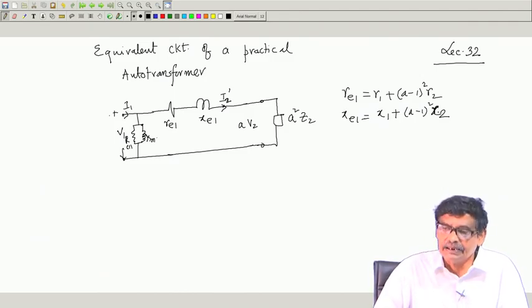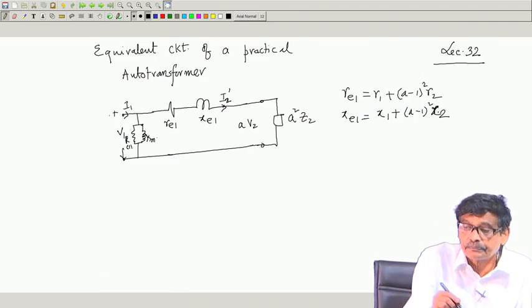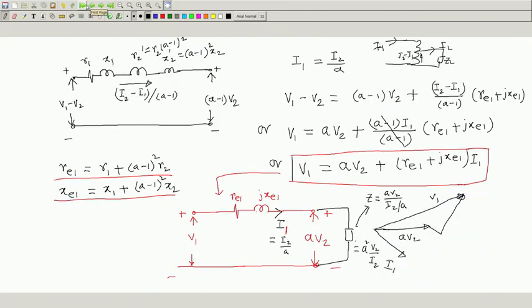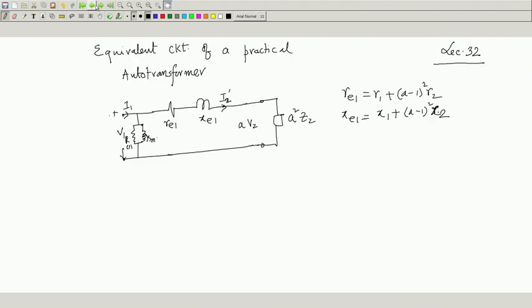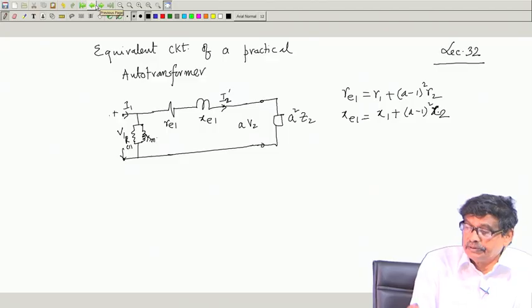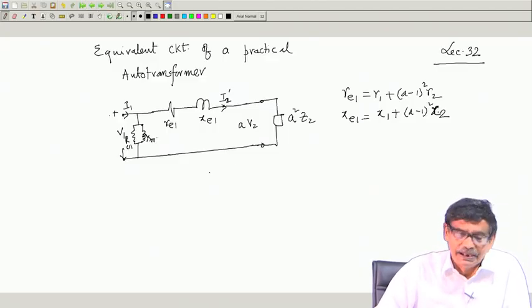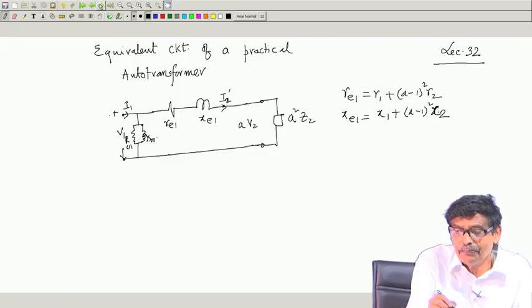Okay. After completing this, our next topic will be three-phase transformers. But before three-phase transformer, one small thing I would like to tell you, a tidbit about two winding transformer, for example, about one test.